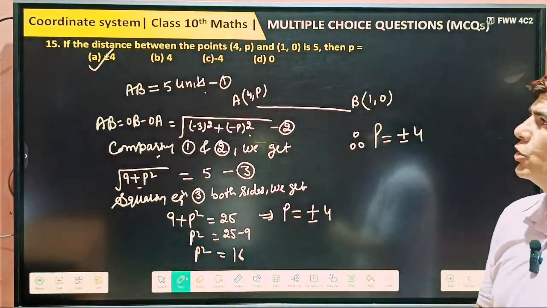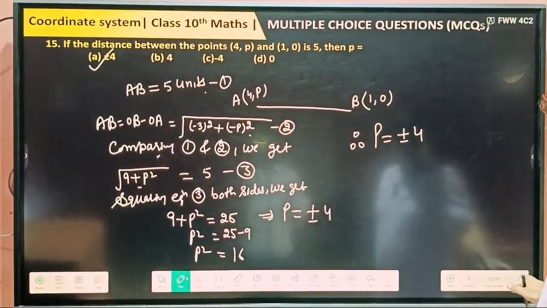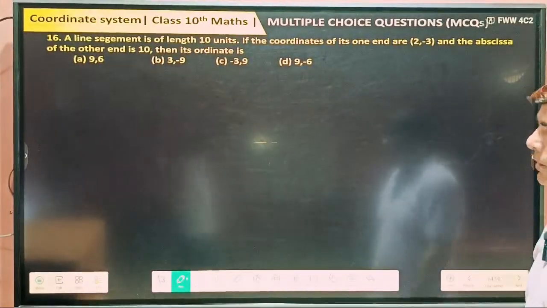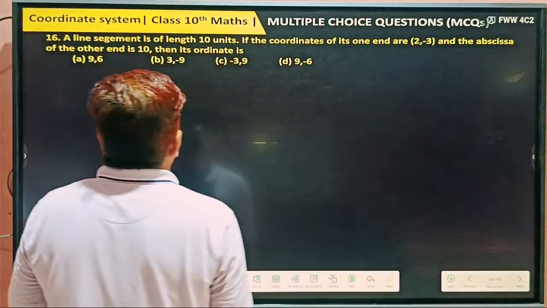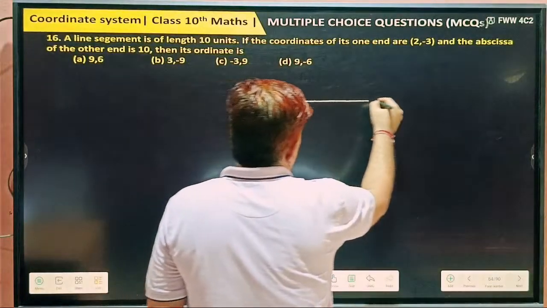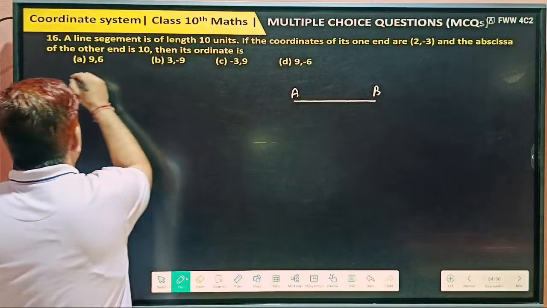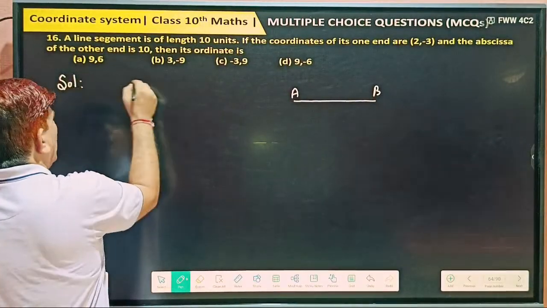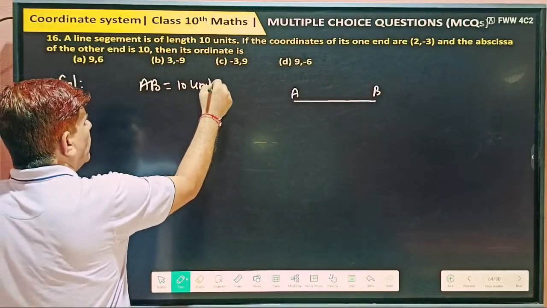That was question number 15, multiple choice. 16. A line segment is of length 10 units. So we have taken a line segment AB. First we can write in its solution AB equal to 10 units.